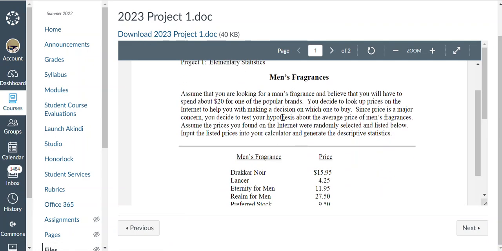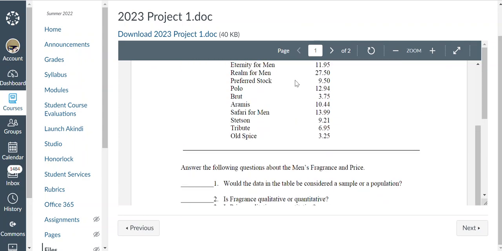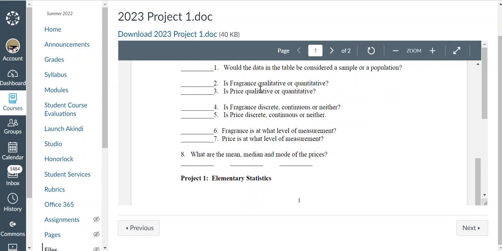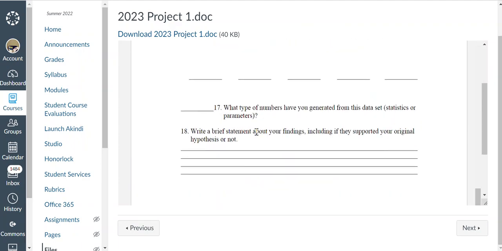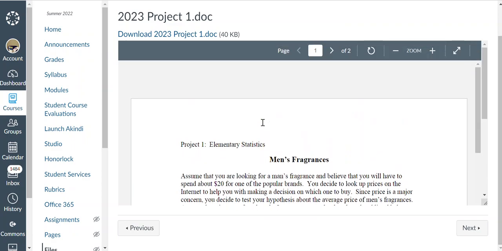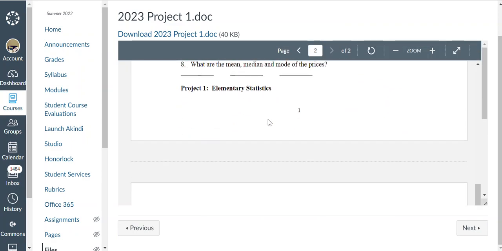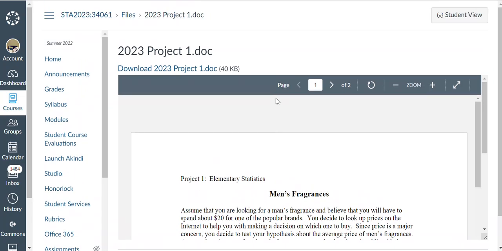You'll see here's a project, and here's some information about what this data is, and then you answer these questions. Now remember, you work this out, print out the project, complete it, then submit your answers in Canvas. I'll show you where that happens.